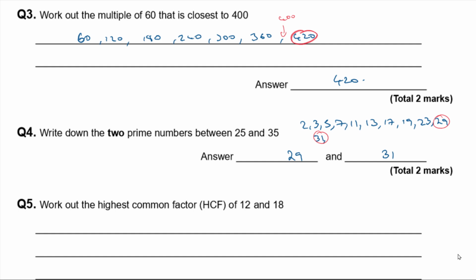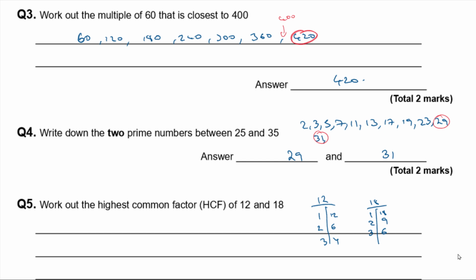Work out the highest common factor of 12 and 18. Again, when the numbers are small like that, probably an exhaustive search is going to be the quickest way. So finding all the factors of 12, we already did this a second ago, didn't we? So 1 and 12, 2 and 6, 3 and 4, and finding all the factors of 18, 1 and 18, 2 and 9, 3 and 6, and that's it, wasn't it?